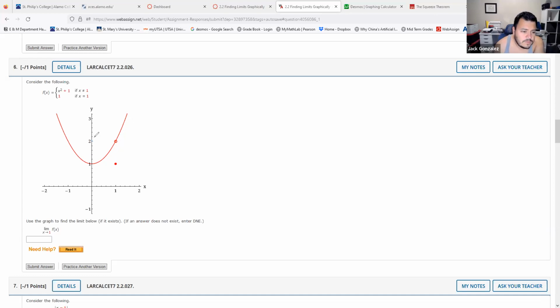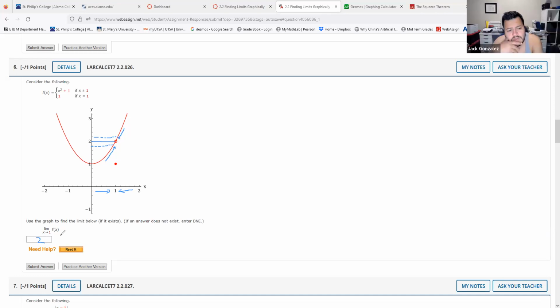So the limit is going to 2 from the left and the right. From the left, I mean the negative side and the positive side. So you would say, well, the limit is obviously 2, right? Because it's the same in both directions.